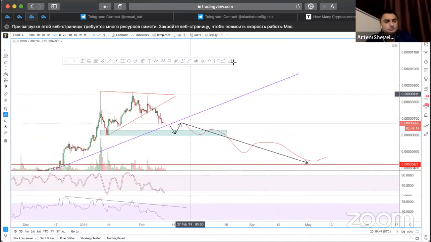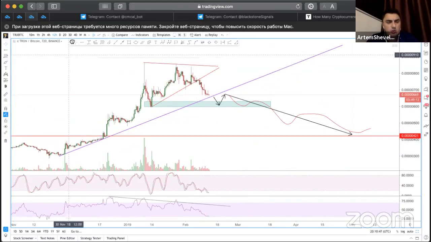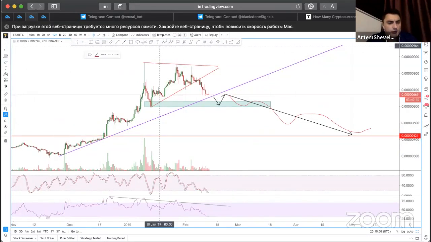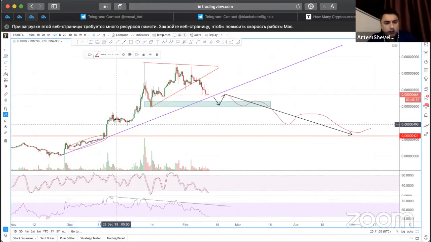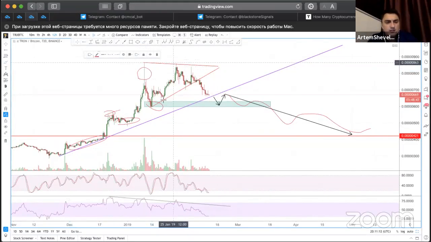Let me show you a quick summary of the trend. We can see here on this area, we have a lot of higher highs and a lot of higher lows. Next phase, we have, again, higher lows, higher highs, again, higher highs, higher lows.